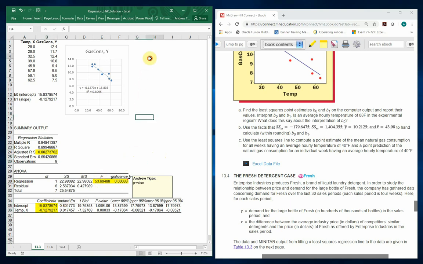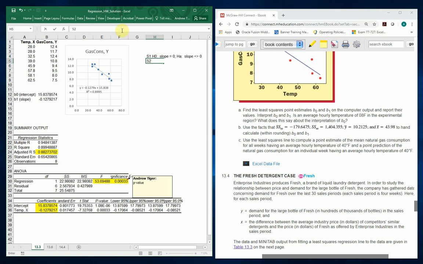So you can also do your 6 hypothesis steps. When you're doing regression, step 1 is that the null hypothesis is that the slope equals 0, and the alternative hypothesis is that the slope is not equal to 0.